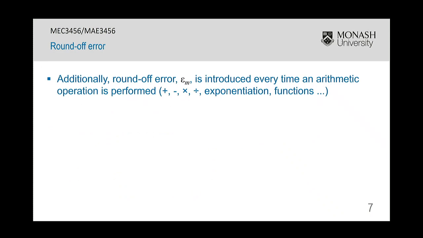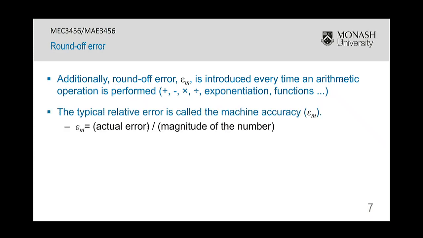Additionally, it's not just the fact that you can't represent the numbers in the first place, but every time you do an arithmetic operation, for example an addition, a subtraction, exponentiation, functions, multiplication, anything at all, you're going to introduce more round-off error. And an important concept is this idea of a relative error, sometimes also called the machine accuracy, and that's equal to the actual error, in other words the magnitude of the error, divided by the magnitude of the number.